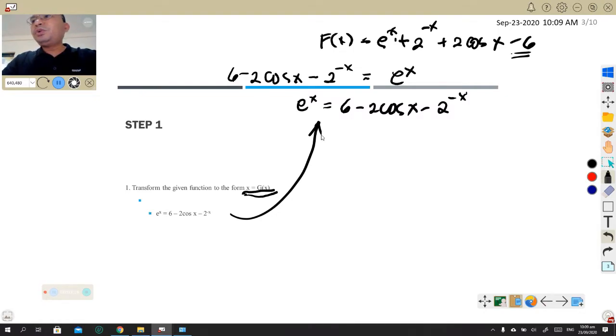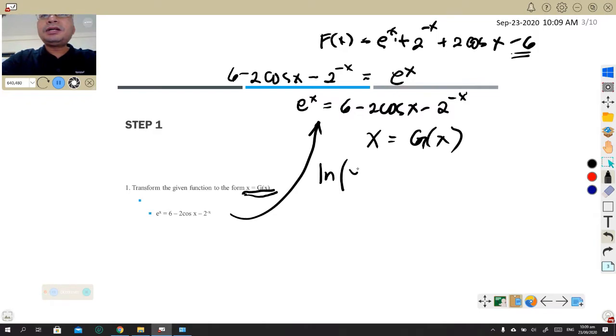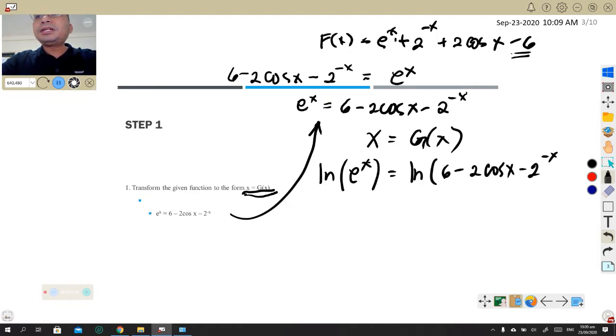Since we need to transform it into the form x equals g of x, in order to make this e raised to x into x, we need to take the ln of both sides. So we get ln of e raised to x equals ln of 6 minus 2 cosine x minus 2 raised to negative x.